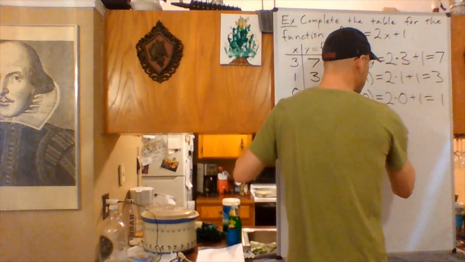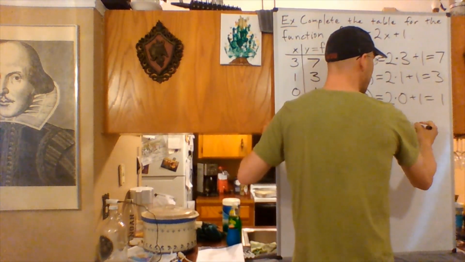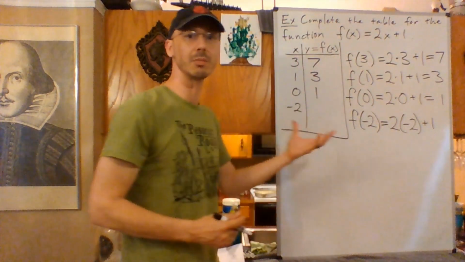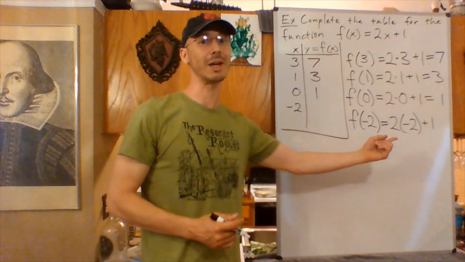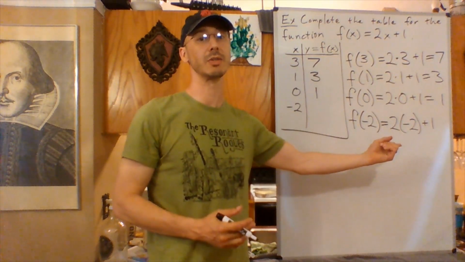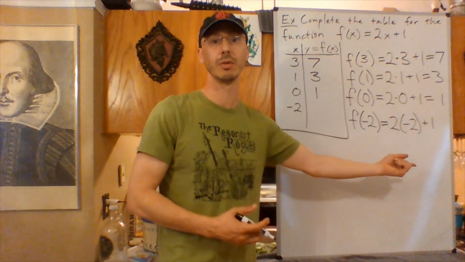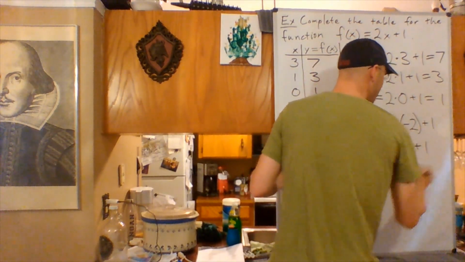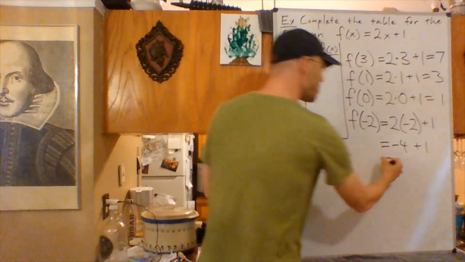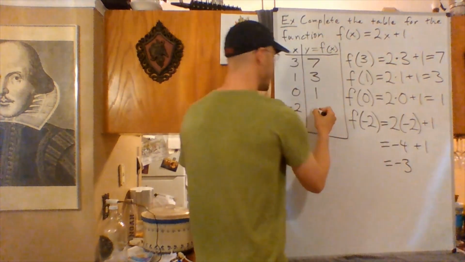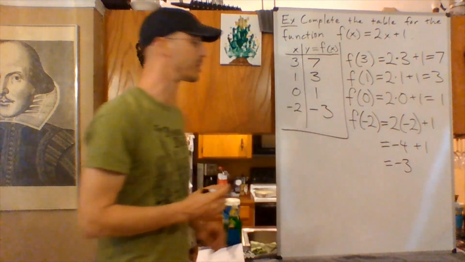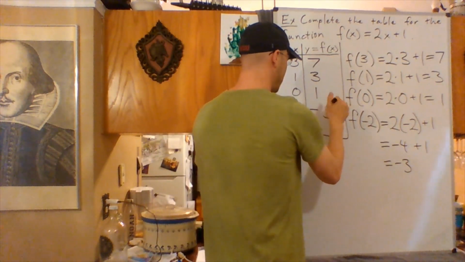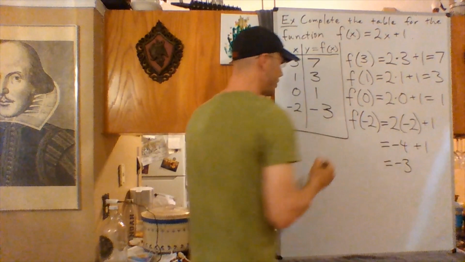This is a little bit different just because I have to put some grouping symbols so it doesn't look like 2 minus 2. It's not 2 minus 2, it's 2 times -2, which is -4, and -4 plus 1 is -3, so that's my final output value of -3.